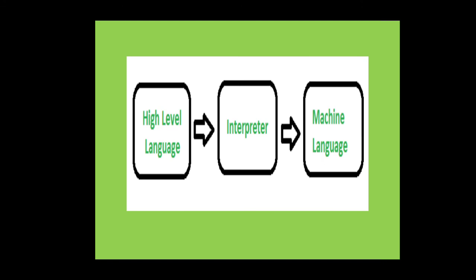So this is called a translator program. This translator converts the high level language into machine language step by step. It won't convert the whole program at once. It will convert it line by line.